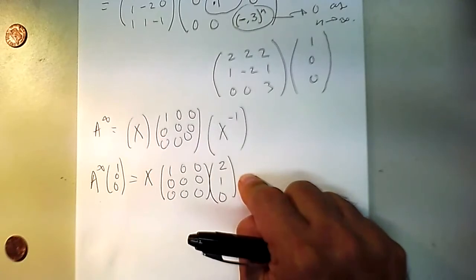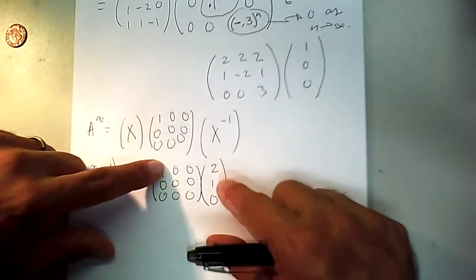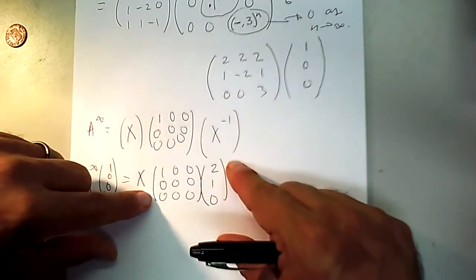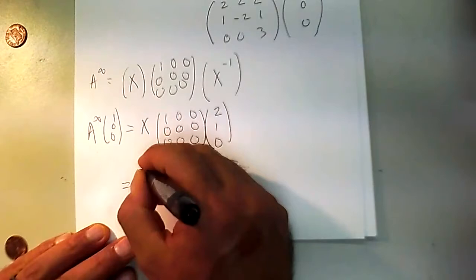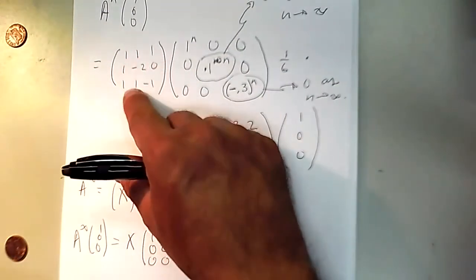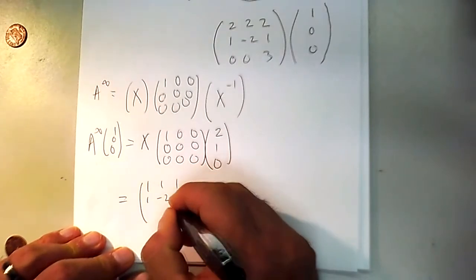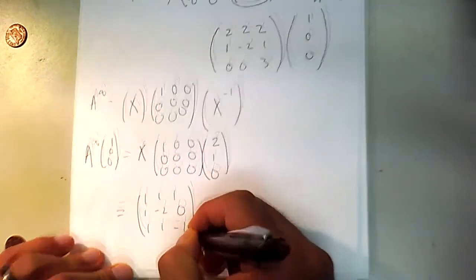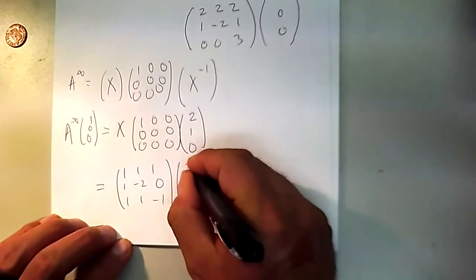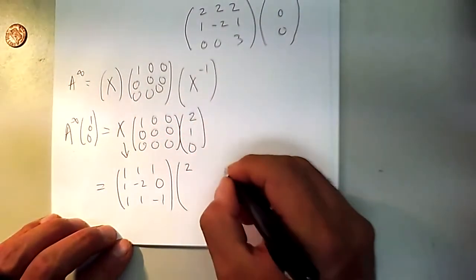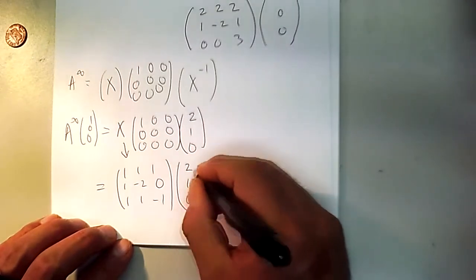Okay. And then we still have to multiply this, so that is going to be 2, 0, 0. So that is 1, 1, 1, 1, negative 1, 1, 1, 1, negative 2, 0, 1, 1, negative 1. Let me double check. 1, 1, negative 1. Yep. When we multiply those two, we end up with 2. So this is this guy, 2, 1, 0.